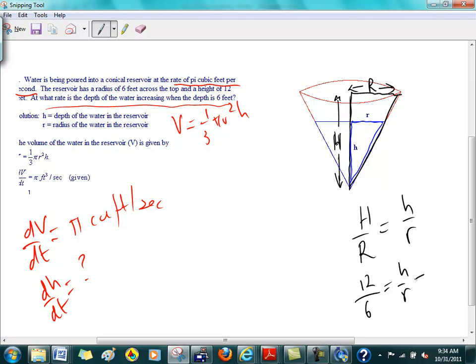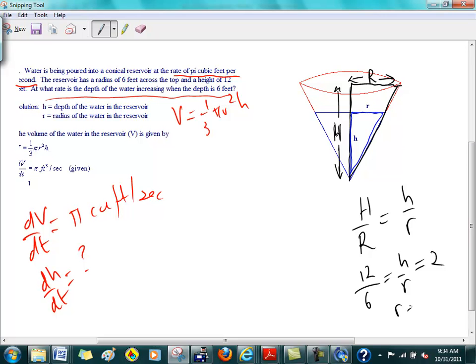Which is equal to 2. Can you tell me what r is equal to? I want r in terms of h, so isolate the r variable out of that equation. Thank you, 1/2 h. Nice, Monica.